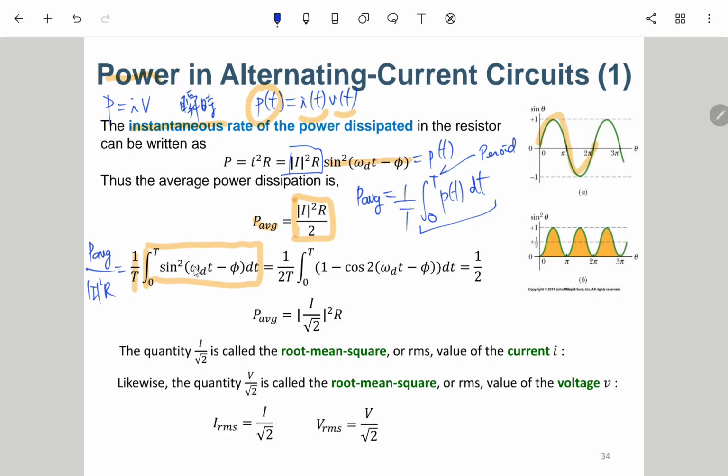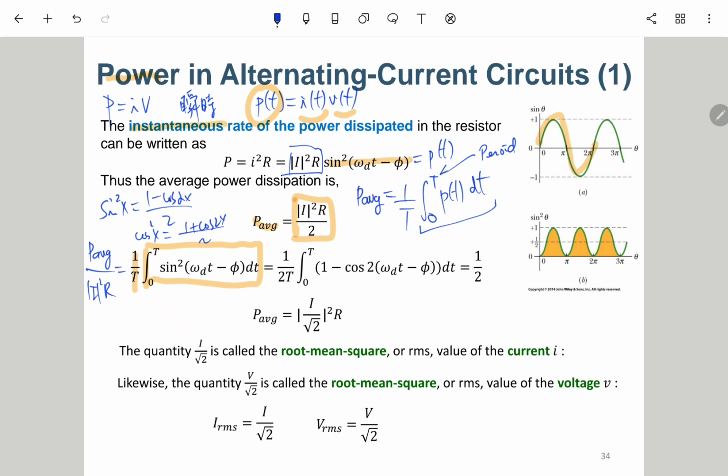Okay, so integrating this stuff is not difficult, but the only point you need is you need to know sine square of x is 1/2 of 1 minus cosine of 2x. Okay, or cosine square x equals 1/2 of 1 plus cosine of 2x.